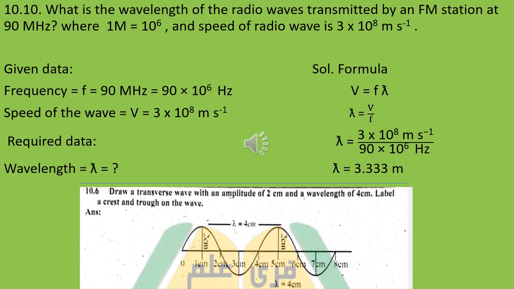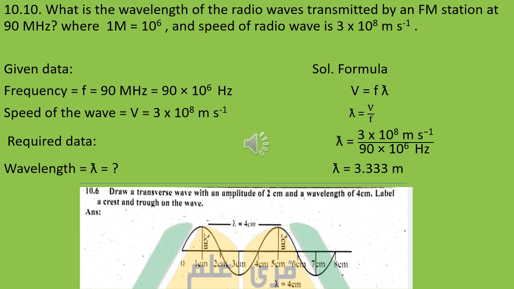Numerical problem 10.10. Given data: frequency of the radio waves is 90 MHz, or 90 into 10 power 6 Hz. Speed of the radio waves is 3 into 10 power 8 meter per second. Required data: we have to find the wavelength of the radio waves. Solution: formula: v = fλ, or λ = v divided by f.